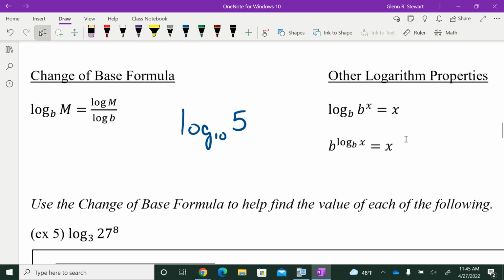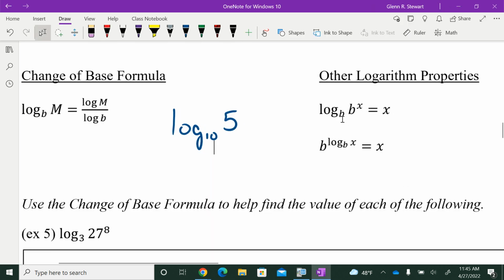Also, the other 2 properties that we have here: if you have a log base to the same number, which has an exponent, then your exponent is your answer. And if you have a base with an exponent of a log base, and those 2 bases are the same, then your answer is whatever value is out front.